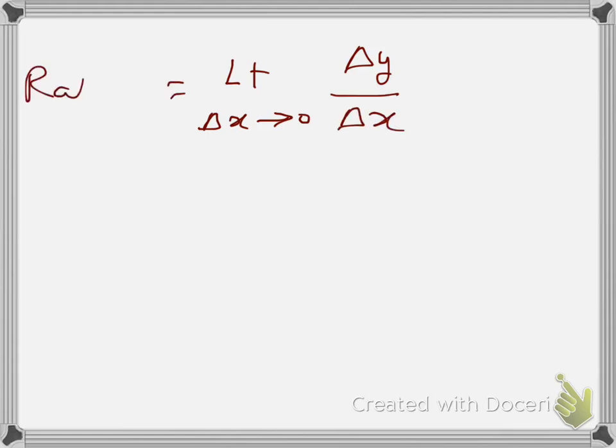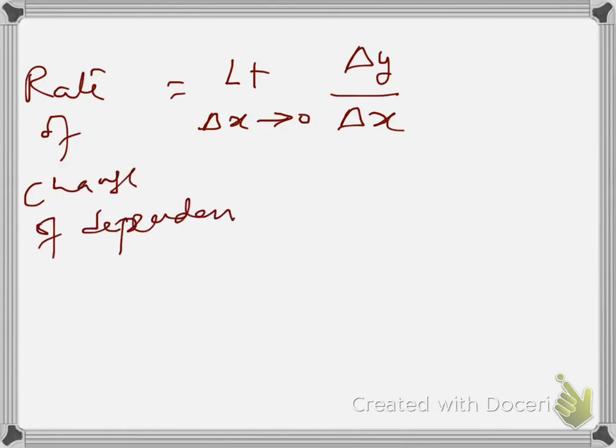So how do you define that? You define that as limit delta x tends to 0 delta y by delta x. This is called rate of change of dependent variable with respect to independent variable.